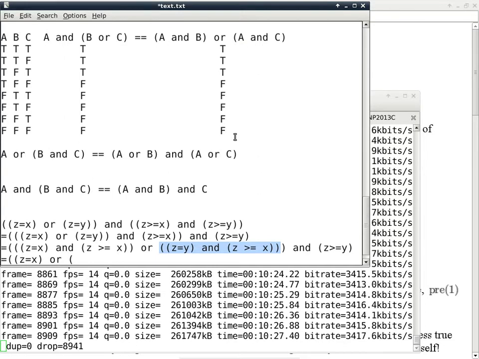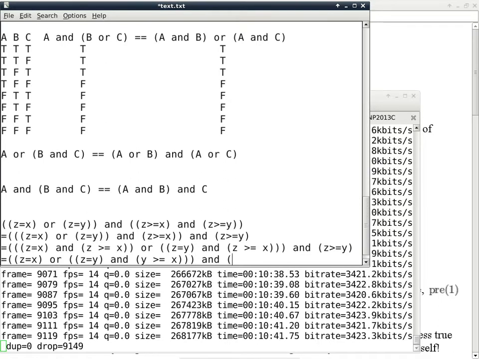Yep, that's it. So in here, we still have to keep this part, which is z equals y, but at the same time, we can now say y is greater than or equal to x. And then the whole thing still has z is greater than or equal to y on the outside. Are we still doing okay so far?